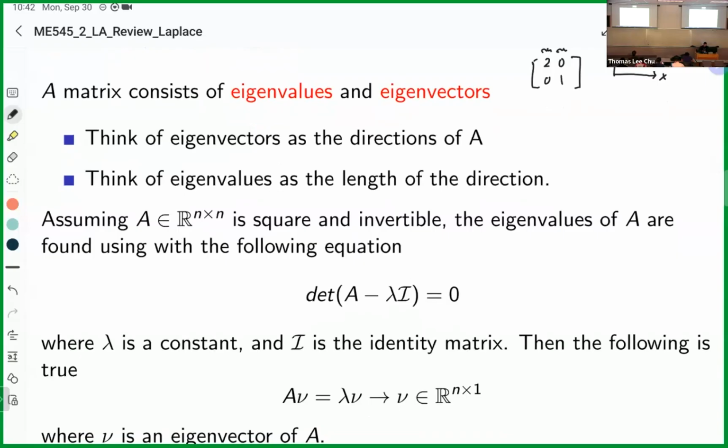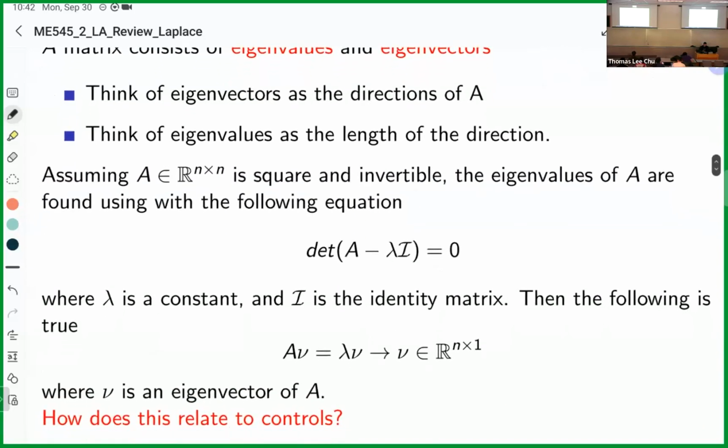Here lambda is a constant, I is the identity matrix, and the following is true, where A mu is equal to lambda mu, where mu is an eigenvector of A. I just went through a lot really quick. When we solve for lambda, there are going to be multiple values of lambda. Those are your eigenvalues.